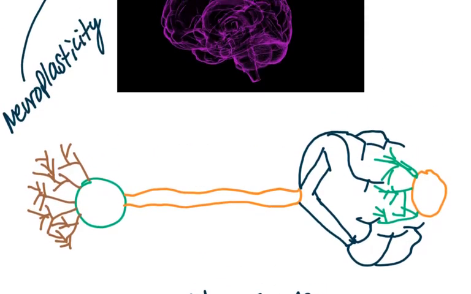Because instead of one synapse, where you would release some neurotransmitters as action potentials came down here, now you have way more synapses, so you release neurotransmitters at every synapse. So now you're releasing neurotransmitters here, here, and here.